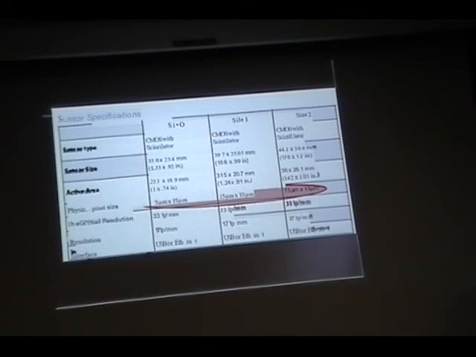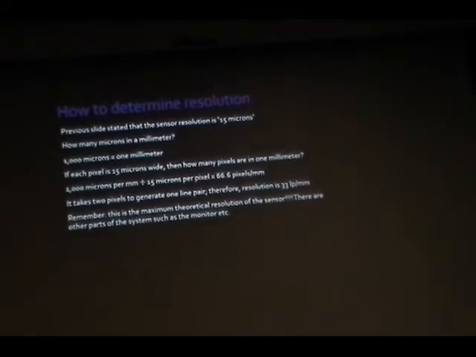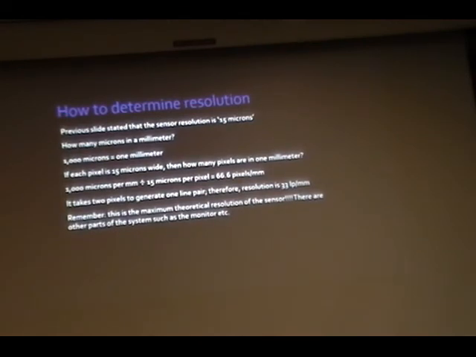Okay, so when they say 15 micron or 30 lines per millimeter, this is how you are going to calculate. This is a very, very important slide, okay? 1000 microns is equal to 1 millimeter.